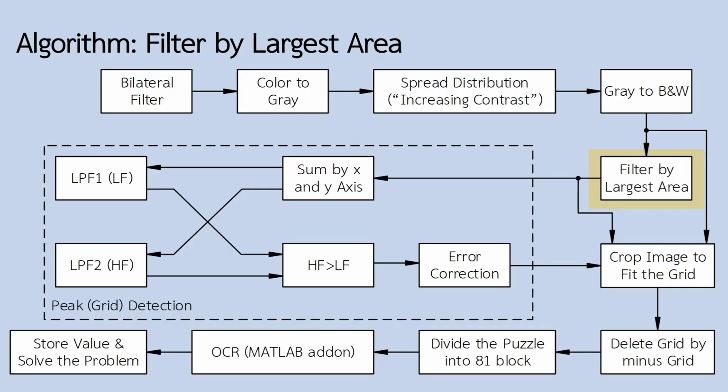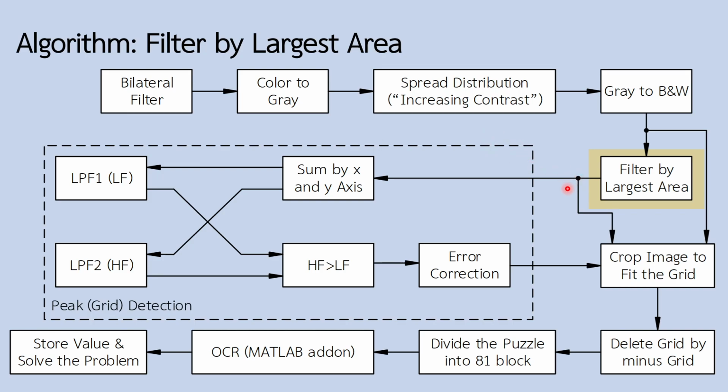When we get the black and white image, we filter it by the largest area, so we can get the grid of the Sudoku. This line will be the grid. The grid will then go into the peak of grid detection, and also to fit the image to the grid, so we can extract each of the numbers in the grid.